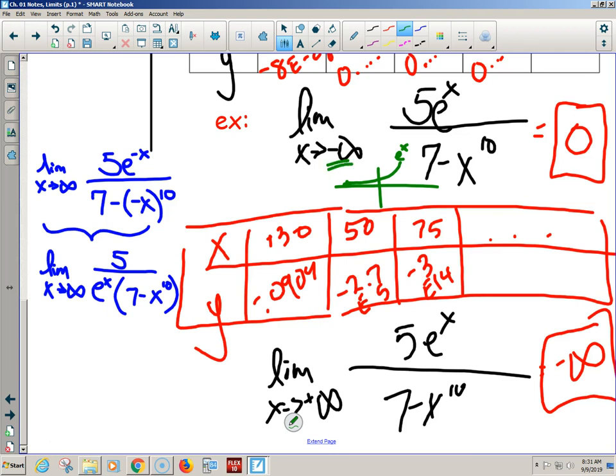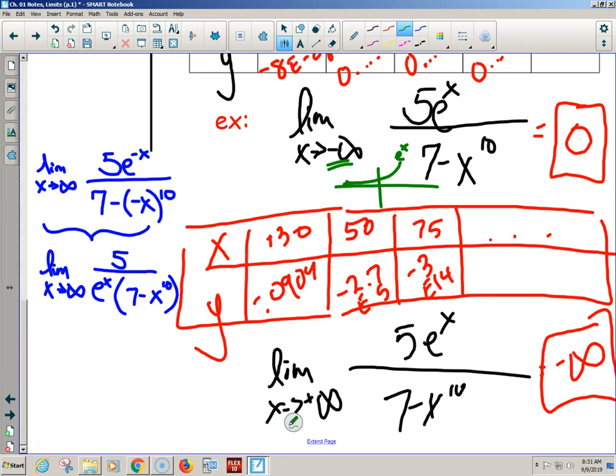So whether you rewrite it and think about it like this, the bottom wins because all the champions are down there, or whether you think about e to the x and say, wait a minute, what do you do as I go to negative infinity? You go to 0. Bottom wins, or your top champion has his Achilles heel. Kind of a mixed analogy, but that's right. As I go to negative infinity, he loses all power.